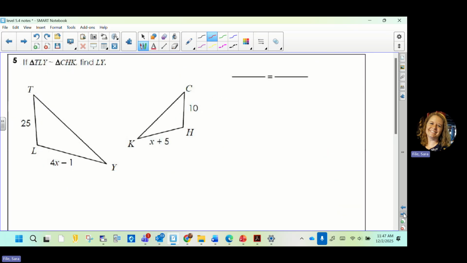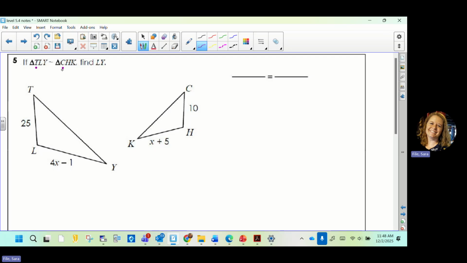Now, on the next one, this one's a little more complex. We're going to follow the same steps, but notice the sides are not just X or numbers. There's expressions, okay? So this is a little more complex, but we're going to go through the same steps. So let's mark what is corresponding.